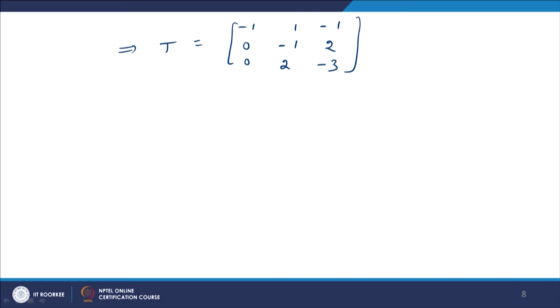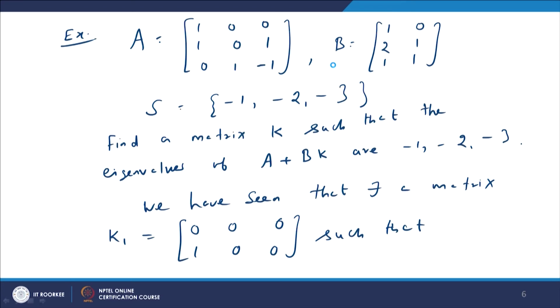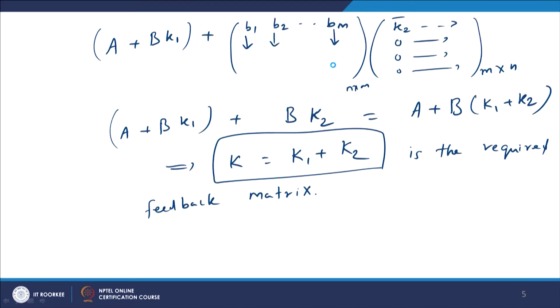Now, we want to find this feedback control for this expression, that is, we want to find the K2 matrix, so that we ultimately find K1 plus K2.